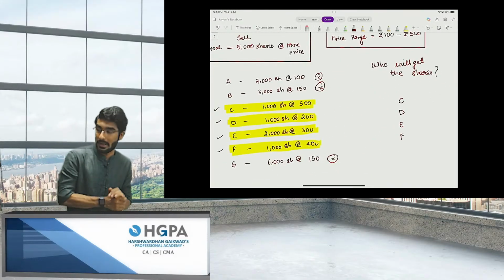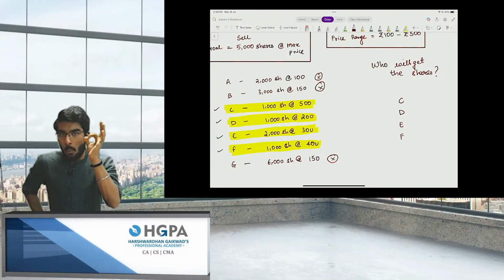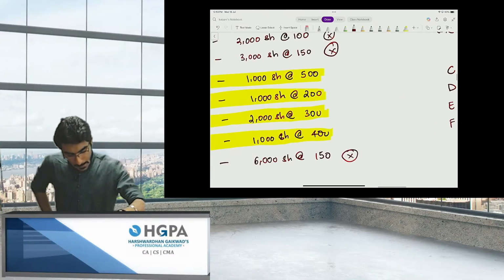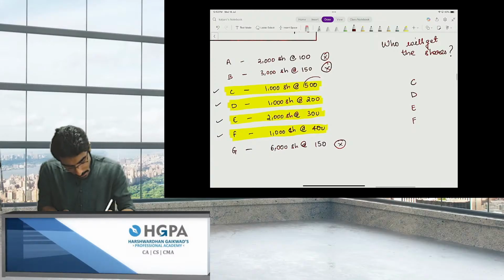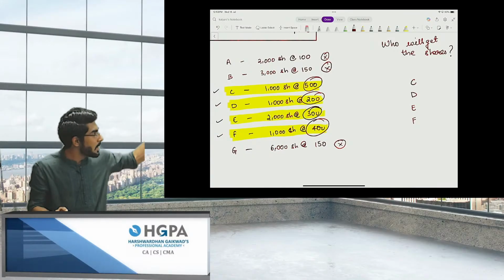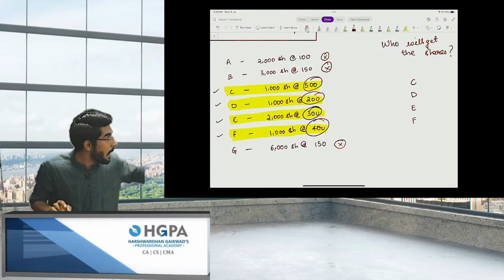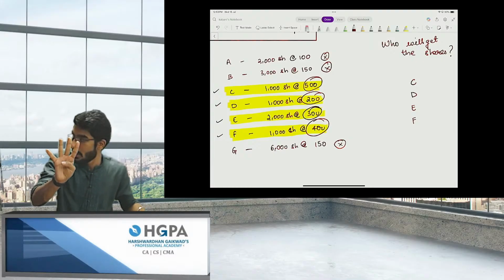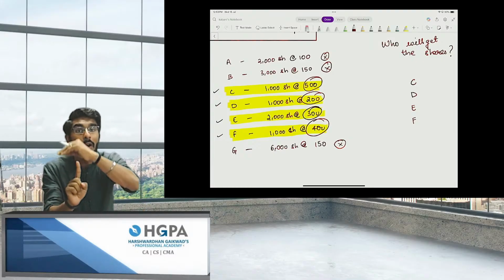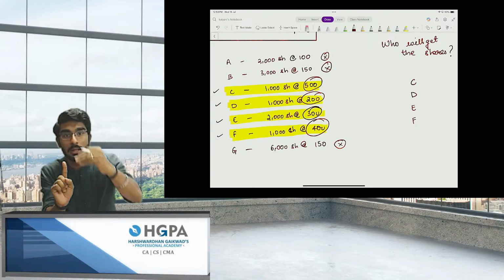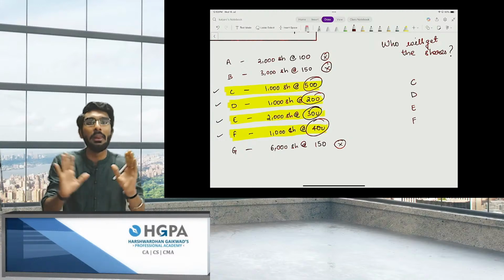Tell me the one price among 500, 200, 300 and 400. One price where all four of them would be happily willing to buy.